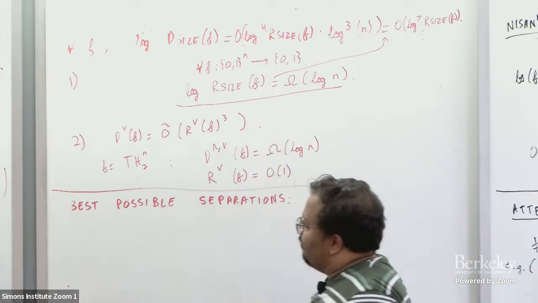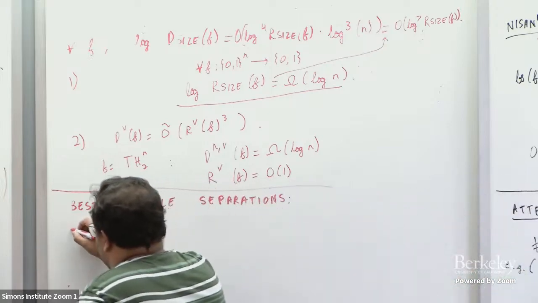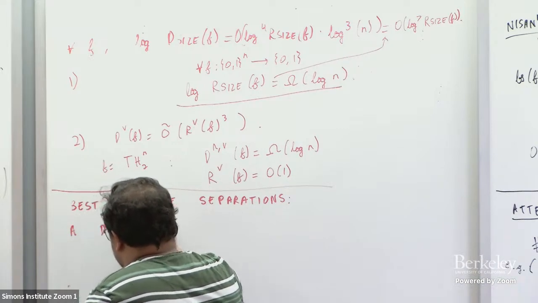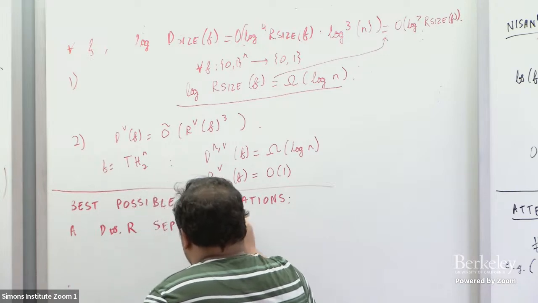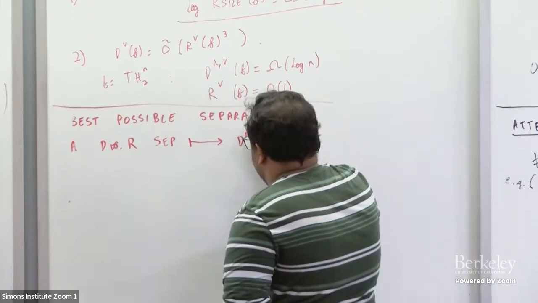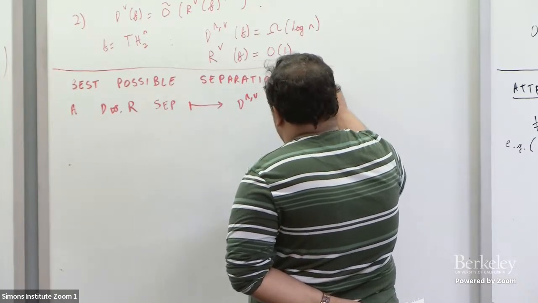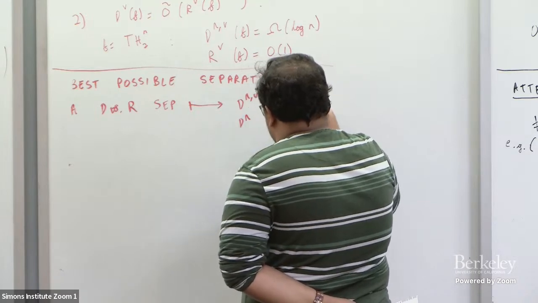Here we have a power 3 separation between OR query complexity and randomized OR query complexity. The first thing I want to say is that a D versus R separation lifts to a D-AND versus R-AND separation.